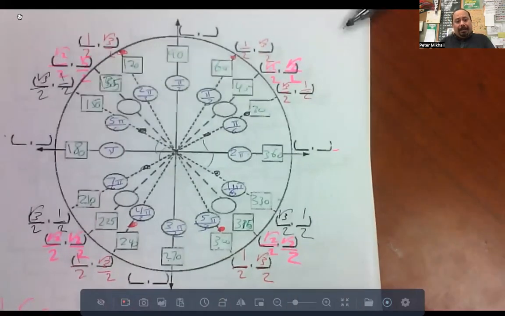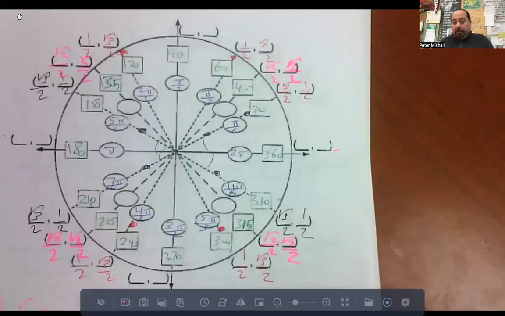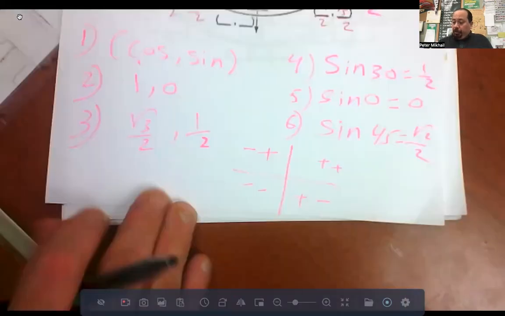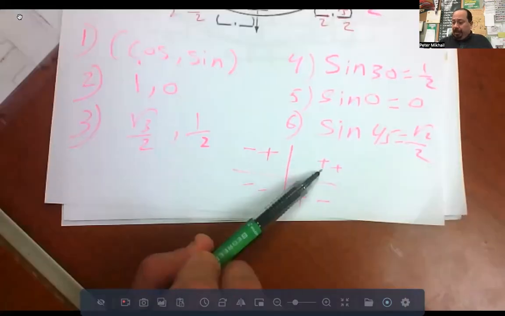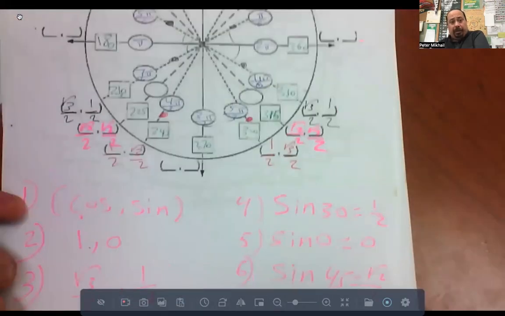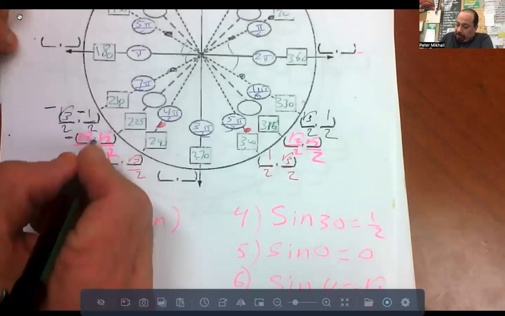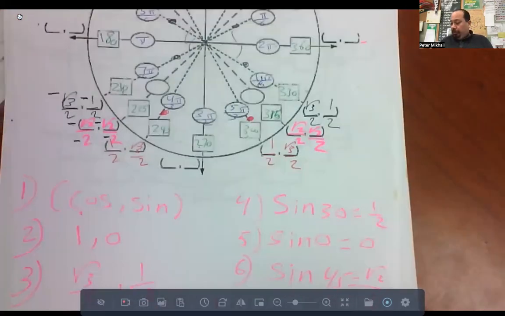All right. Now, the one before the last thing we'll do is applying the signs of the four quadrants. Positive, positive, negative, negative. That means every angle in the third quadrant has to be negative. So all these have to be negative. What else?